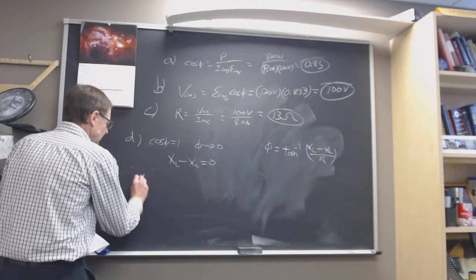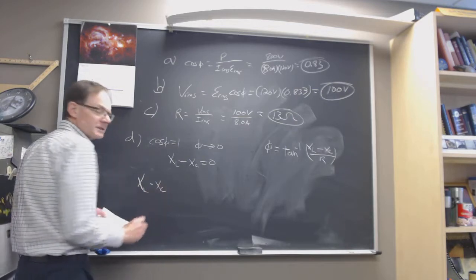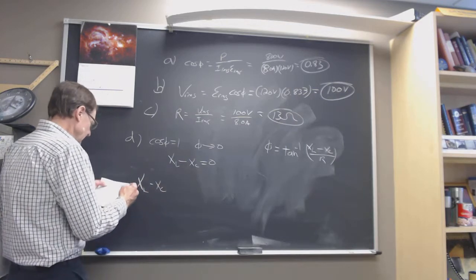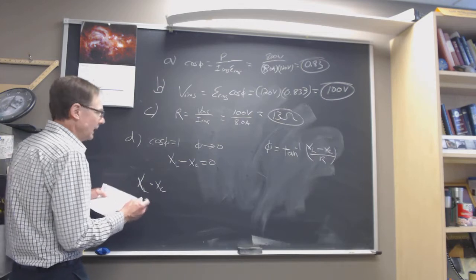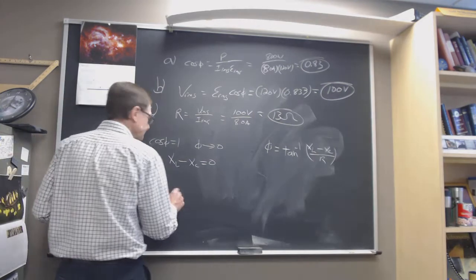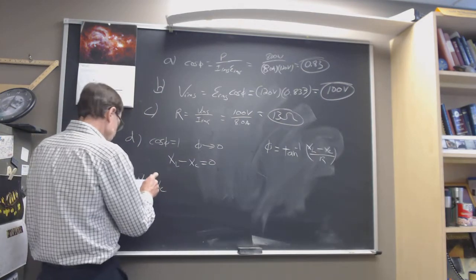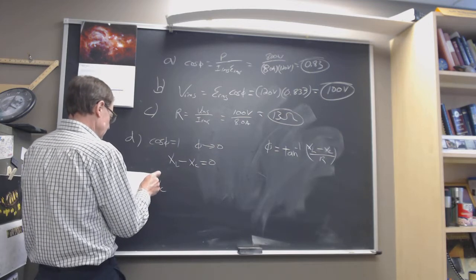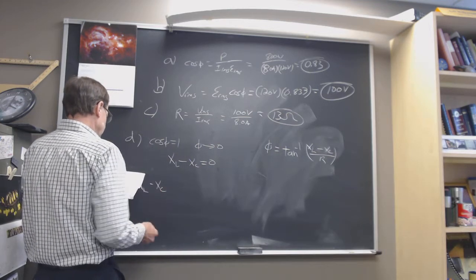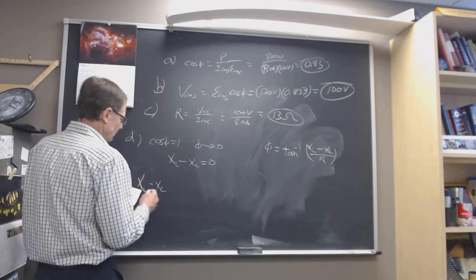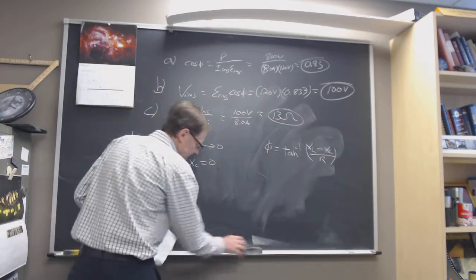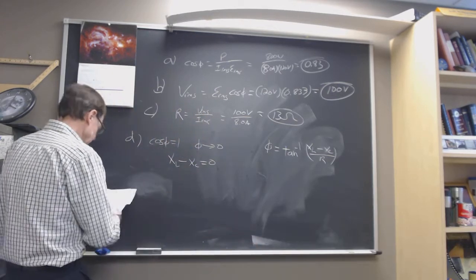Right now, x sub L minus x sub C before we add anything is going to be R times tangent of 33.6 degrees, so that's phi. Let's back up a step and make sure we know what we're doing right there.